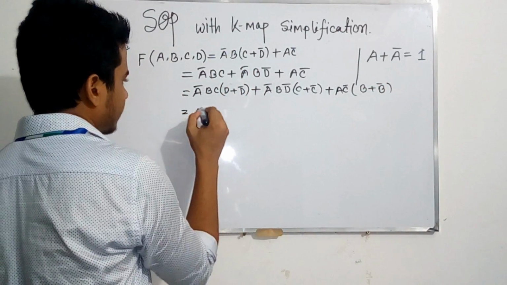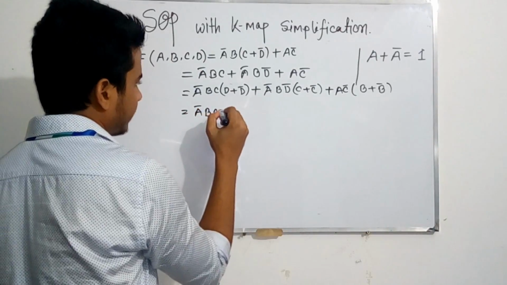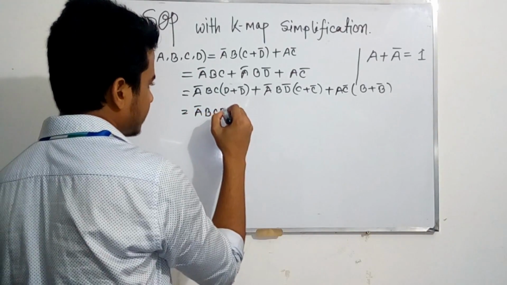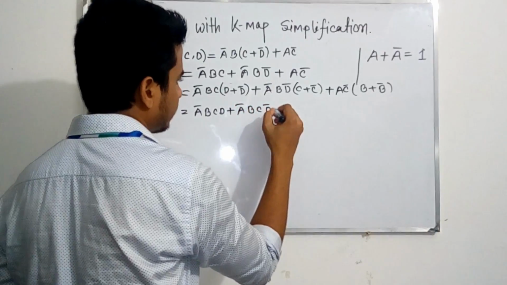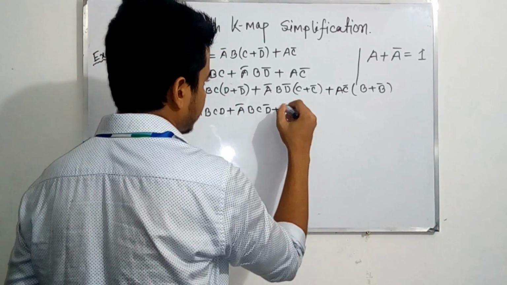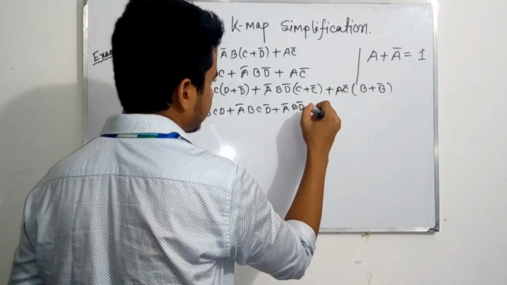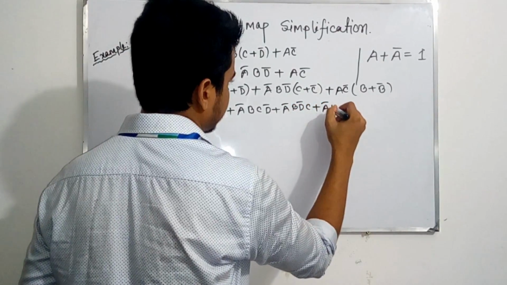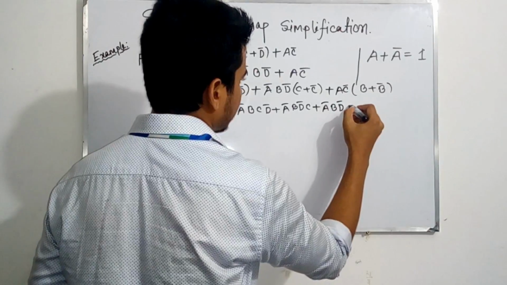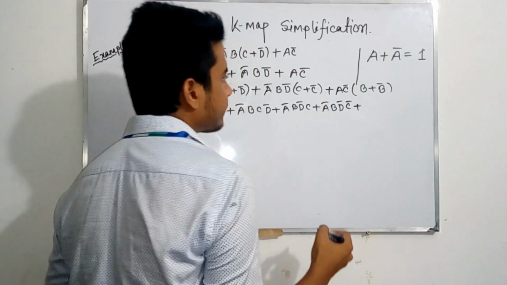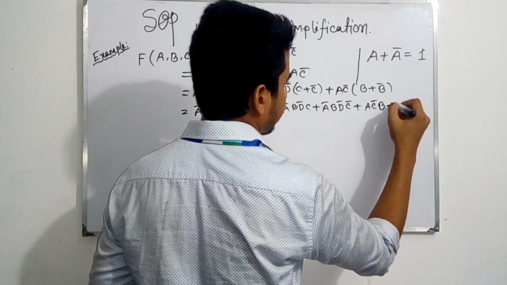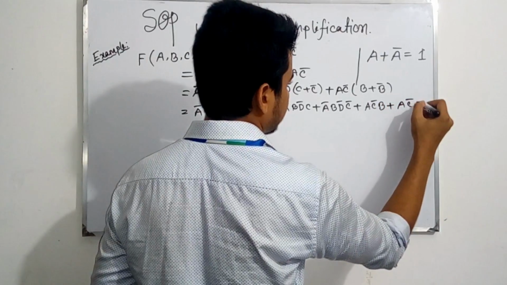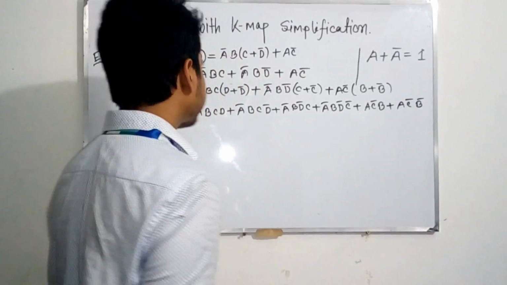Now we just fulfill this equation with multiplication: ABCD plus A'BCD' plus A'BD'C plus A'BD'C' plus AC'B plus AC'B'.